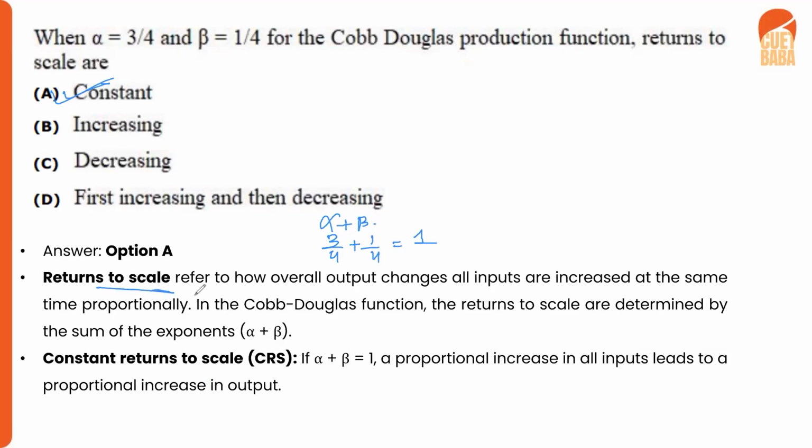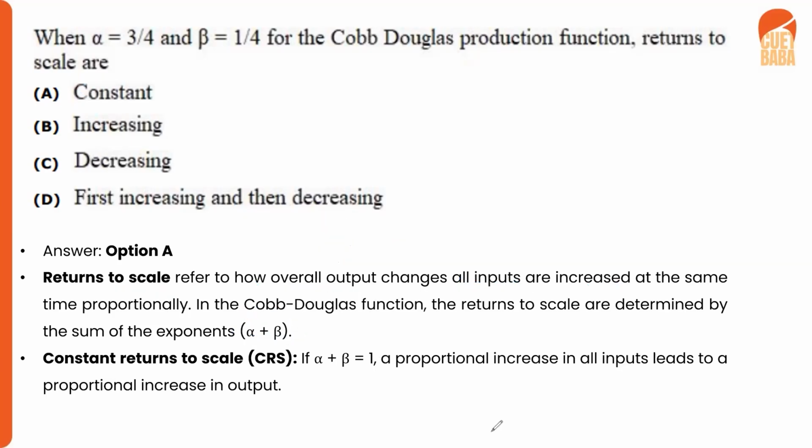Here the returns to scale, what does it show? It refers to how overall output changes when all inputs are increased at the same time proportionately. In the Cobb-Douglas production function, it is the sum of the exponents, that is alpha plus beta. When it's equal to 1, we can say there is constant returns to scale.